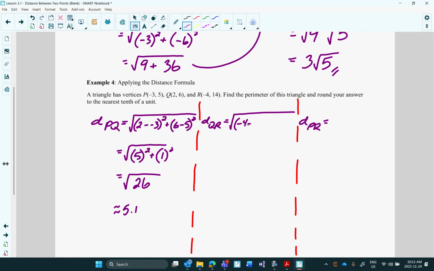Remember, we're looking at these two, -2 squared, plus 14 minus 6 squared. And this gives us -6 all squared plus 8 all squared. Can we do this one in one shot? 36 plus 64, 100, which works out to exactly 10. We don't have to round this.